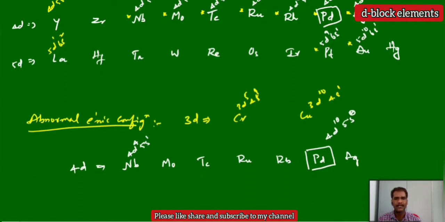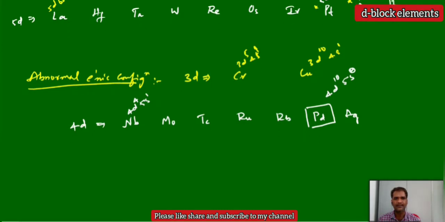These are the abnormal electronic configurations of these d block elements. Apart from the general electronic configuration, in the 3d series, especially chromium and copper are important, and palladium also shows exception configuration. This you should remember.